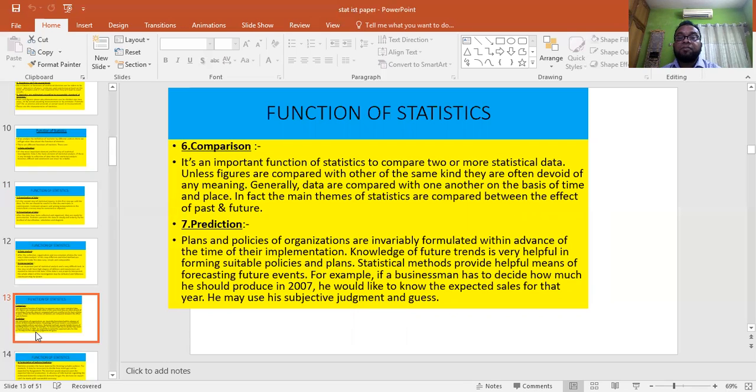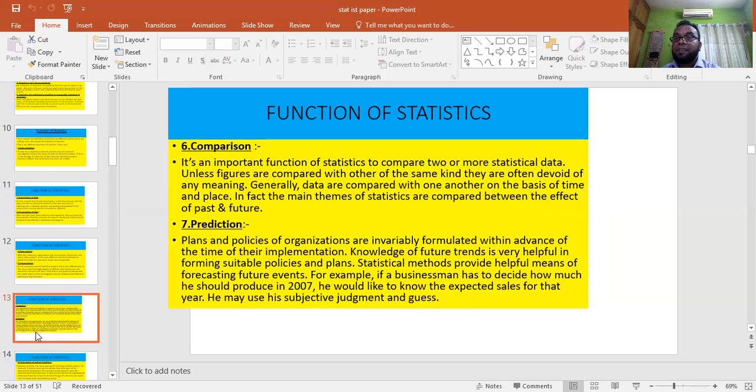Unless figures are compared with others of the same kind, they are often devoid of any meaning. Generally, data are compared with one another on the basis of time and place. In fact, the main theme of statistics is to compare the effects of past and future.